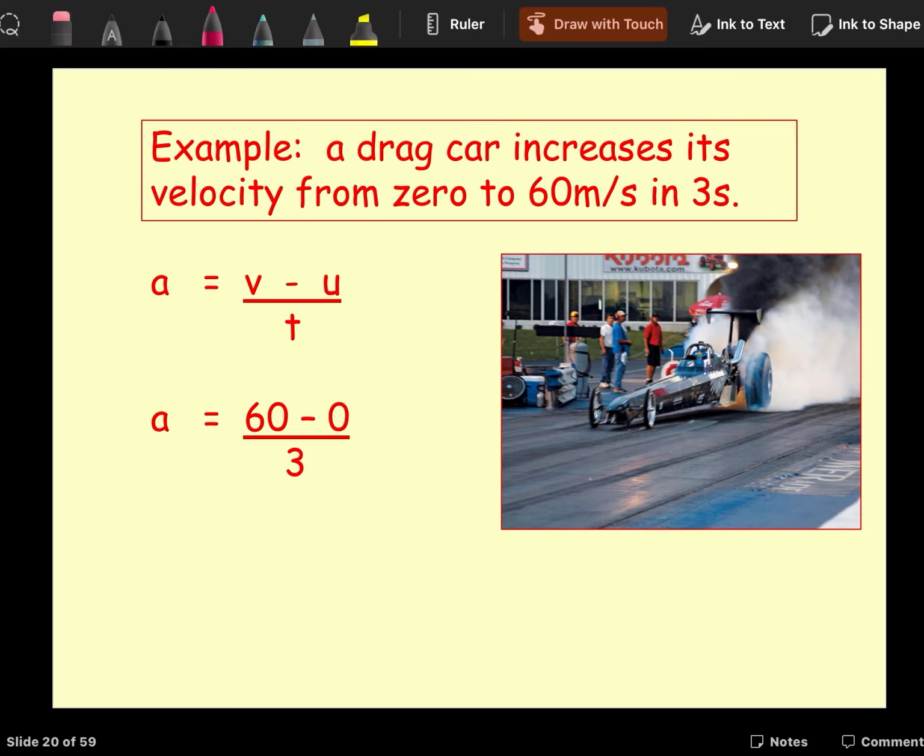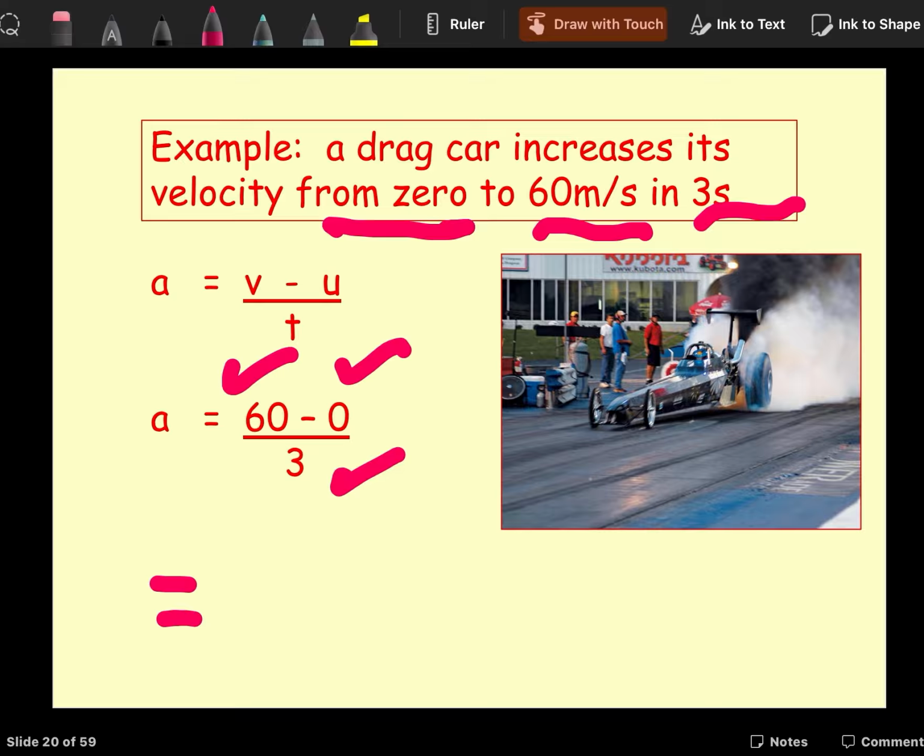Okay, for example here look, a drag car increases its velocity from 0 to 60 meter per second in 3 seconds. Look, from 0, this is the initial, to 60, this is the final. Time is 3. Just put the values in v minus u over t: 60 minus 0 over 3. So your answer will be 20 meter per second square.